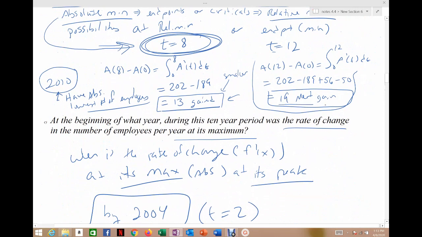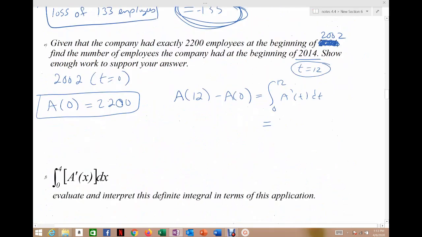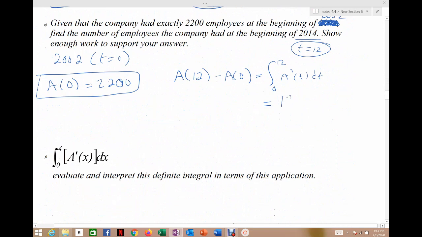Over the 12 years, they hired people, they fired people, they hired people, they fired people. At the end of the 12 years, they had 19 more people than they started with. That's what this integral means. So they gained 19 people. Well, I know there were 2,200 at the start. They gained 19 people.